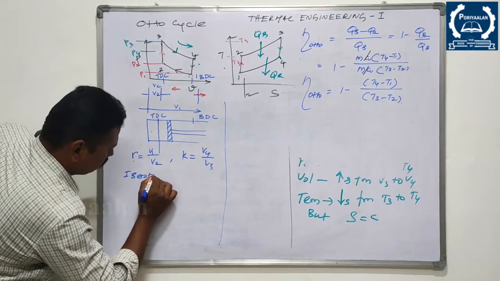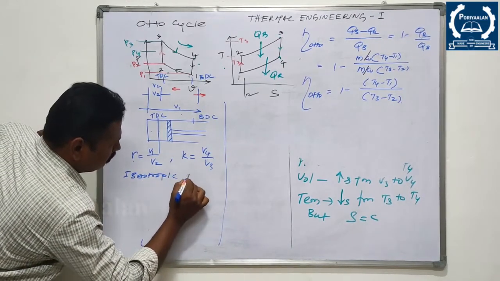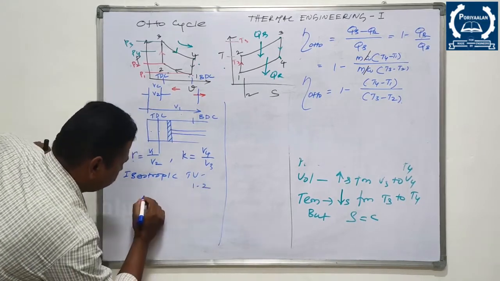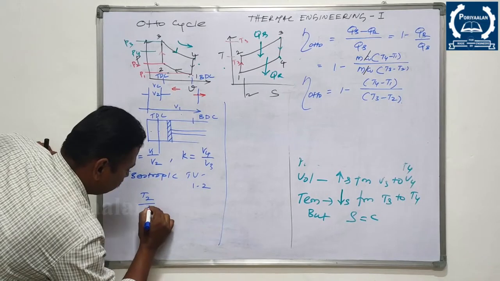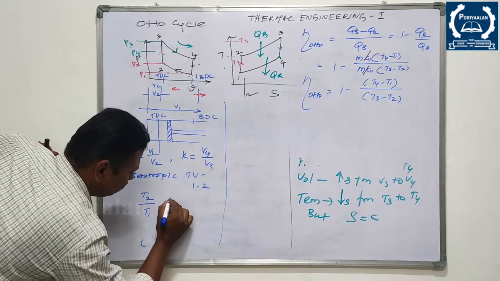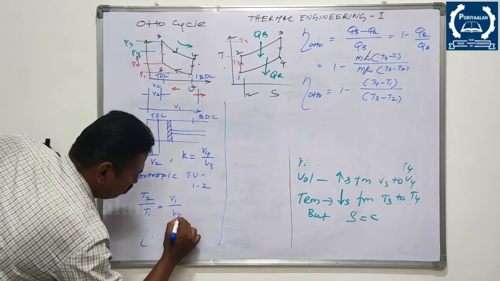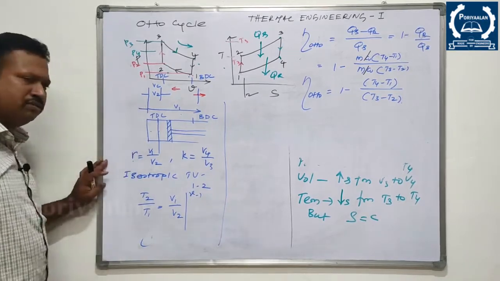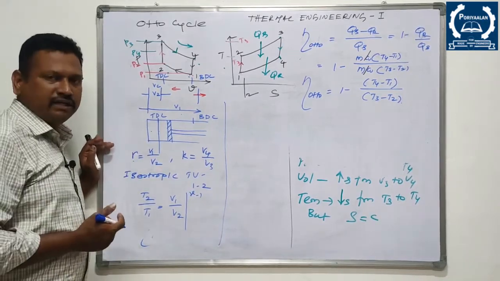During the isentropic process 1 to 2, I am going to write the isentropic TV relation. T2 by T1 is nothing but (V1 by V2) to the power gamma minus 1. You should remember this; you might have studied it in thermodynamics.